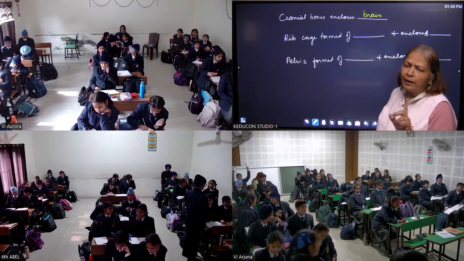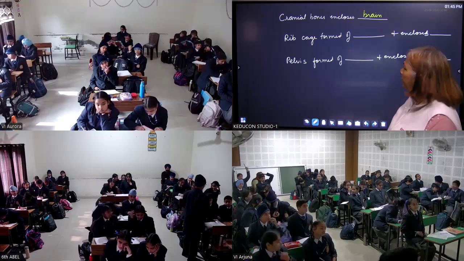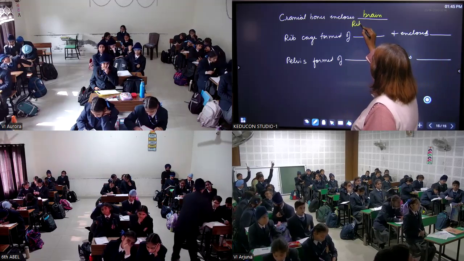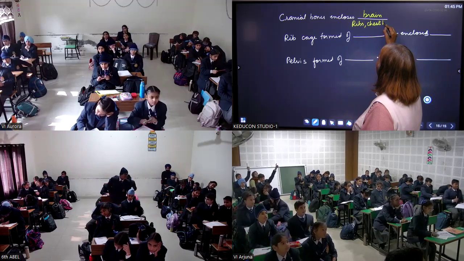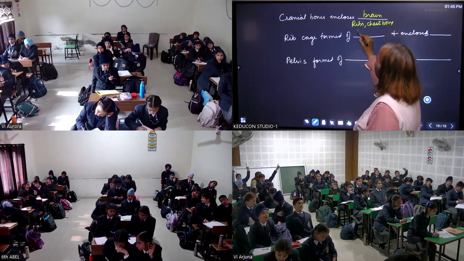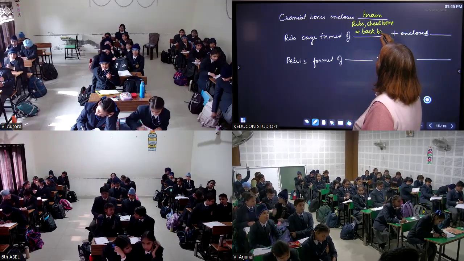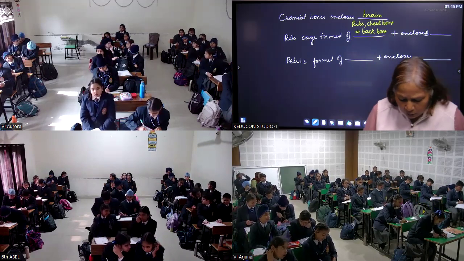बैठ जाओ बेटा, आराम से, जिसको मैं बुलाऊंगी वही आए, ऐसे भाग भाग के नहीं. Go to your seat everybody, go to your seat. Rib cage is formed of ribs, chest bone and backbone. What does they enclose?